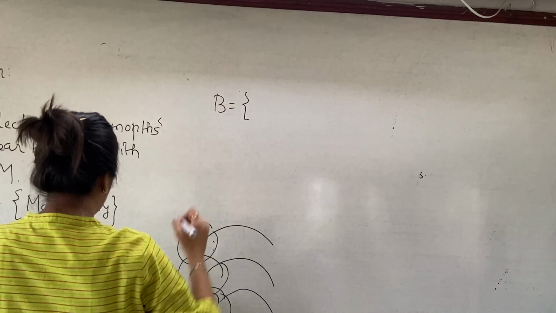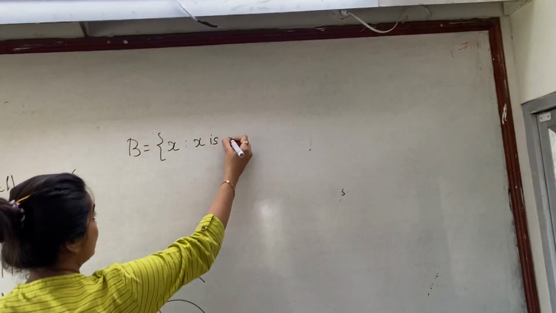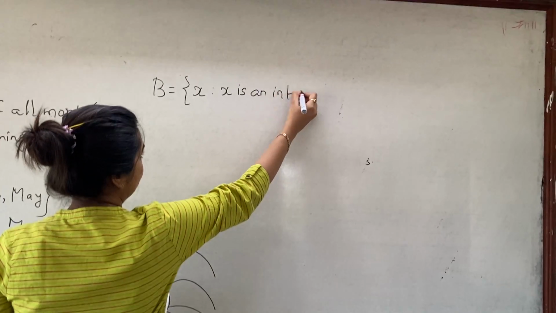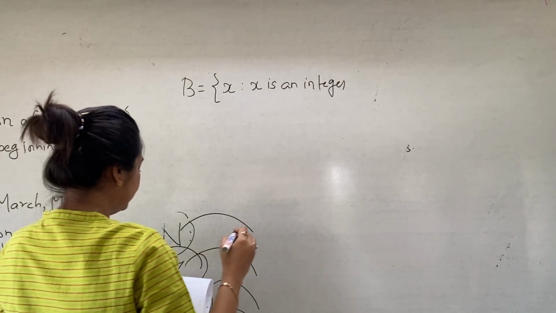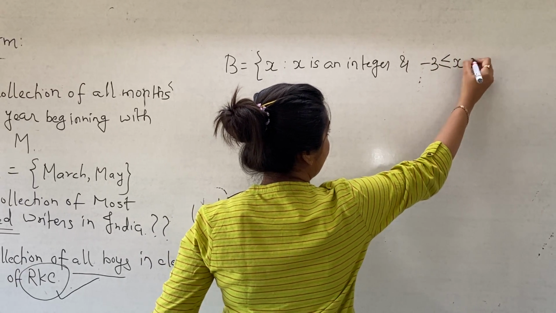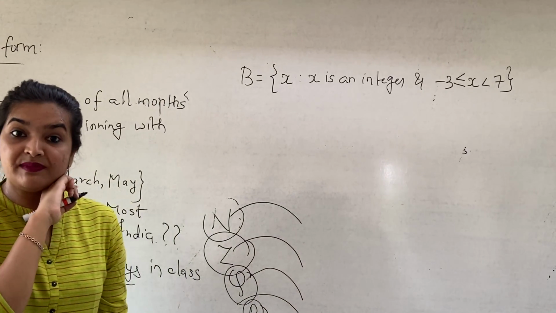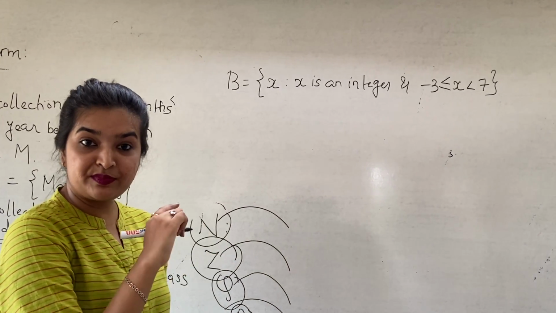B is equal to x such that x is an integer, -3 less than or equal to x less than 7. So what will be the roster form of this particular set?